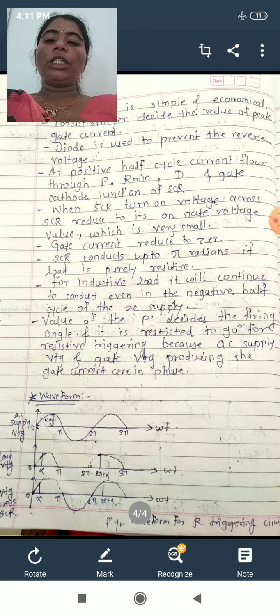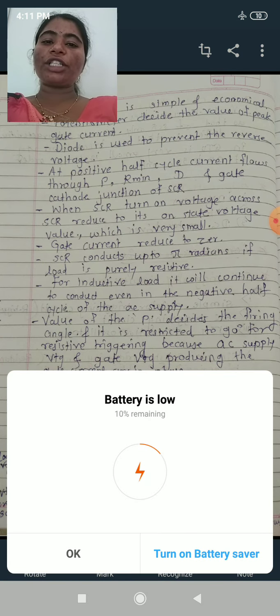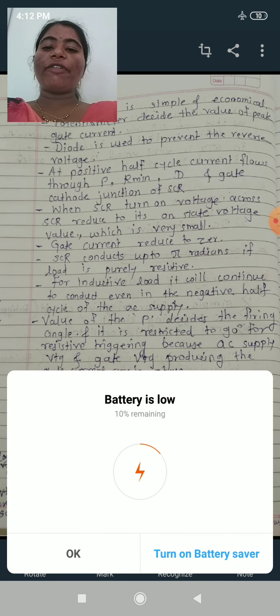By using this diode we can prevent reverse voltage being provided to the gate pulse, because this reverse voltage may damage or turn off the SCR. To avoid this, a unidirectional, positive gate pulse is necessary, and due to this we provide the diode.